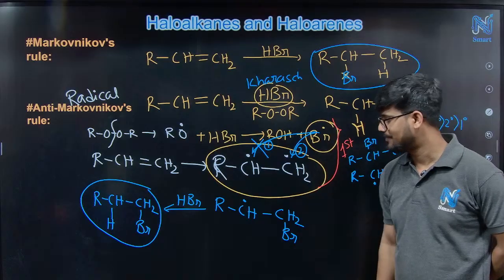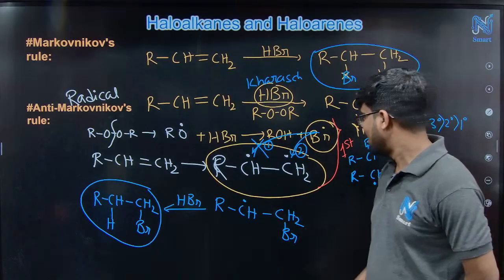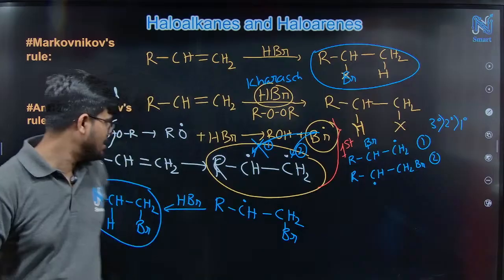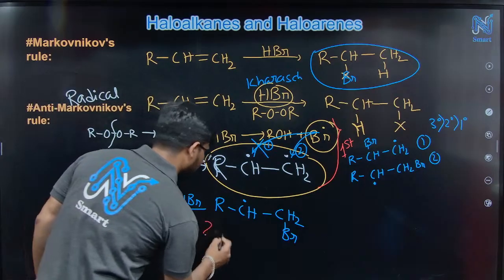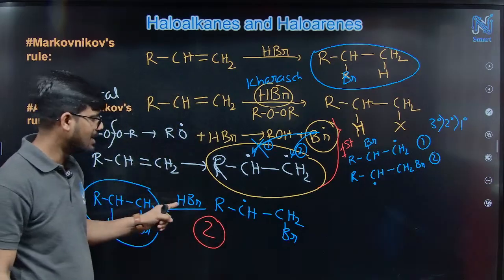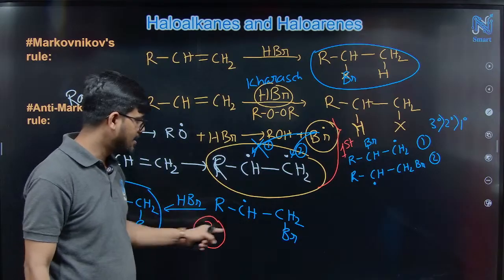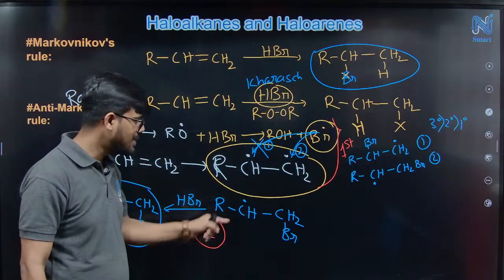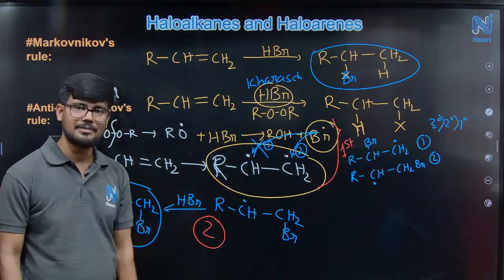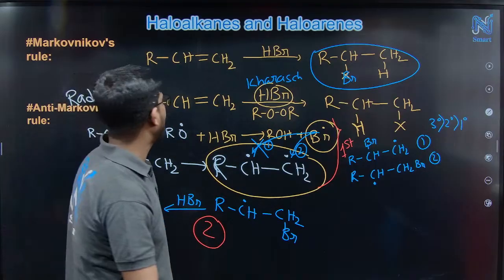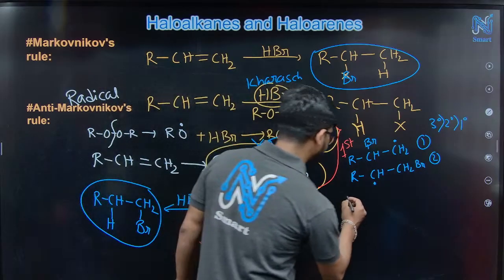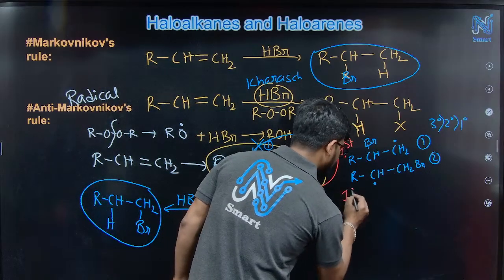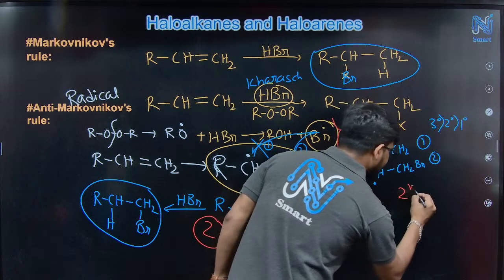Second step, after this radical formation, the hydrogen radical will attack this, and you will get a Br radical, right? So this is our first step and this is the second step.